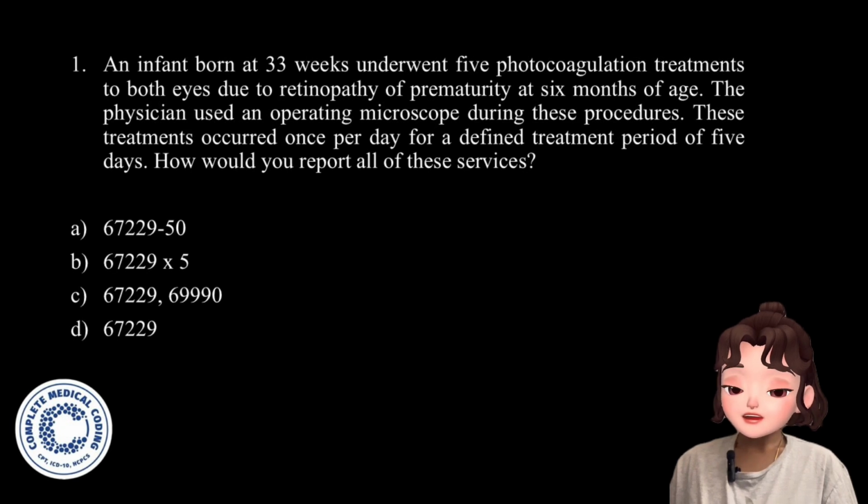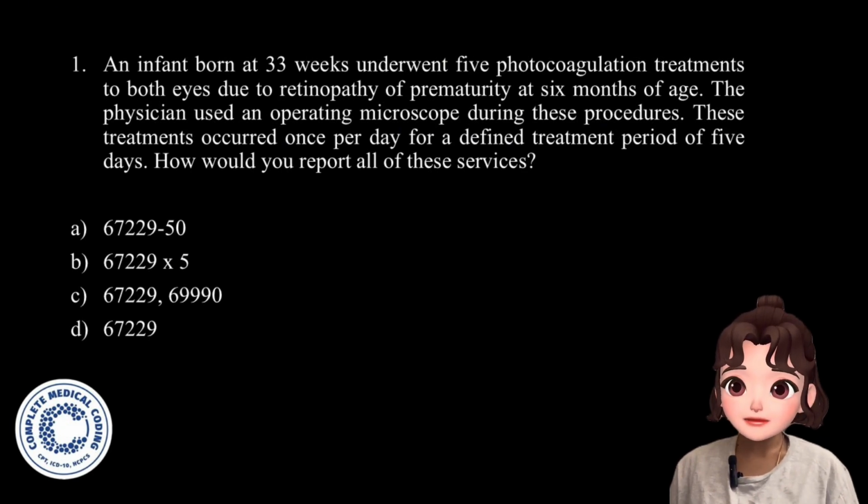The physician used an operating microscope, that's not required. These treatments occurred per day for a defined treatment period of 5 days. Up to 5 days, these treatments had been carried out. Anyway, let's find out the answer.